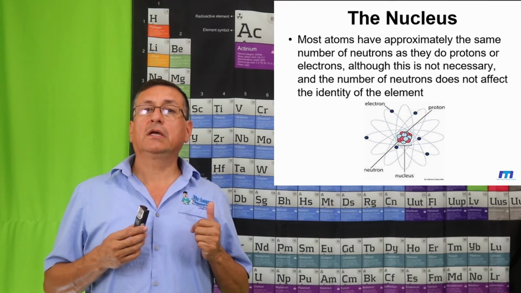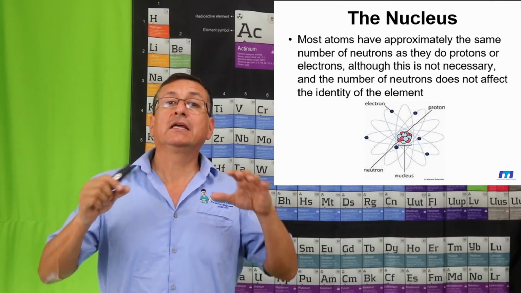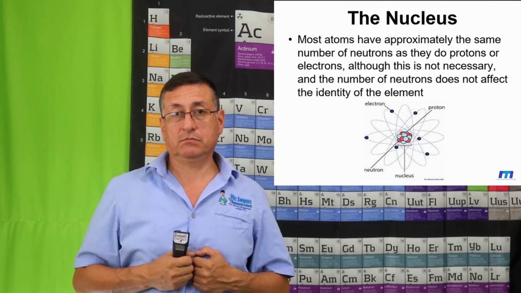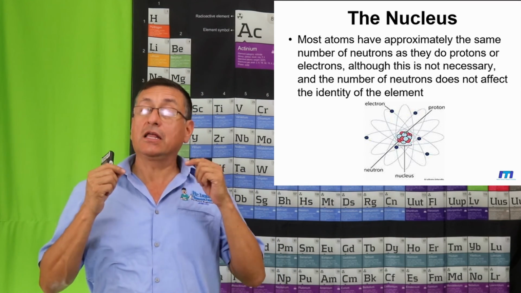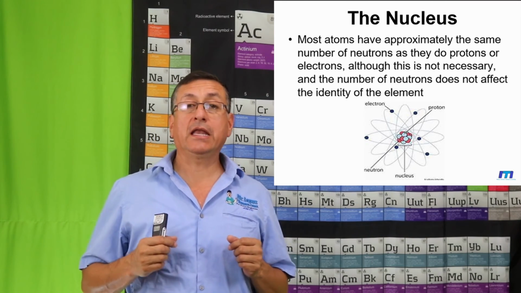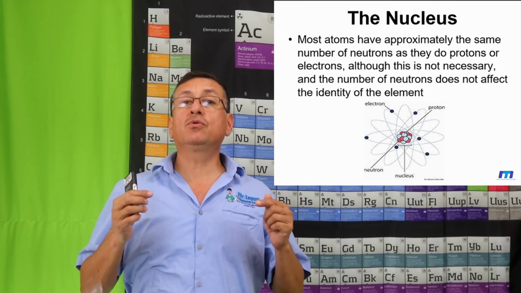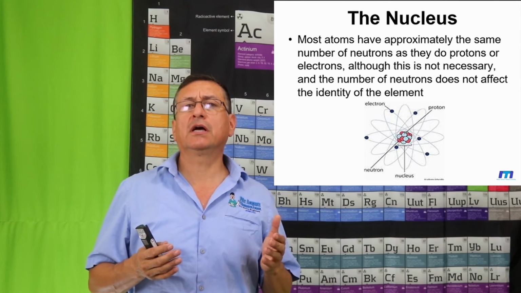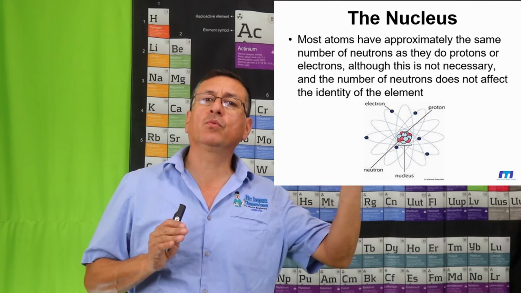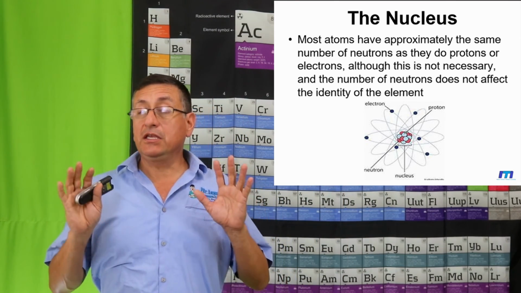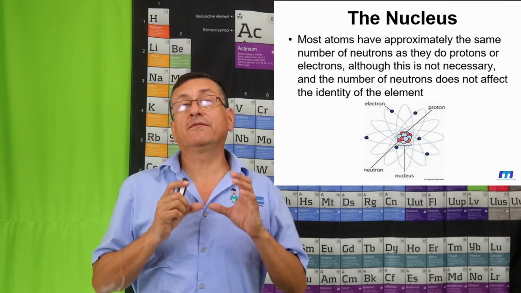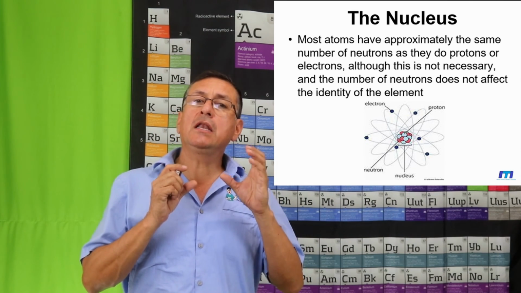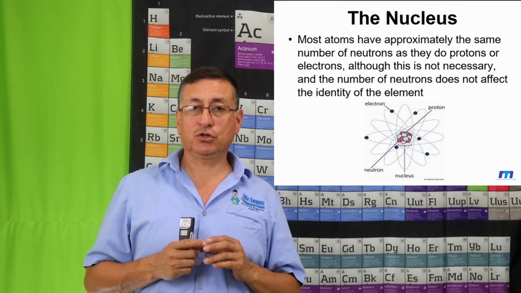For that reason, the neutrons do not affect the charge of the system, only the weight of the atom. There are atoms that we are going to analyze right now that have more neutrons than protons in the nucleus. Those atoms are heavy in comparison with other ones. In general terms, in the nucleus you have a similar amount of neutrons and protons, normally a little more neutrons than protons.